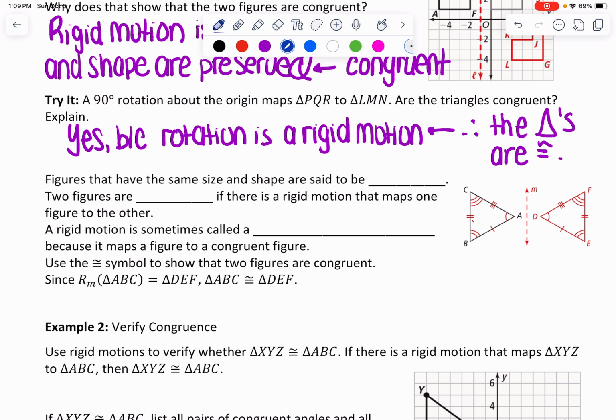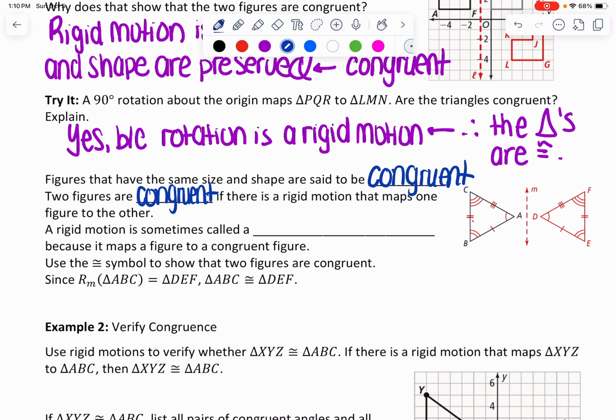So this next part summarizes what I just talked about. It says figures that have the same size and shape are said to be congruent. Two figures are congruent if there's a rigid motion that maps one figure onto another. You can also have a composite rigid motion, like a translation, a rotation, a reflection, a rotation, a translation, and a reflection.